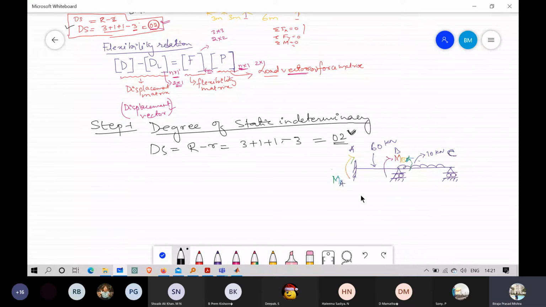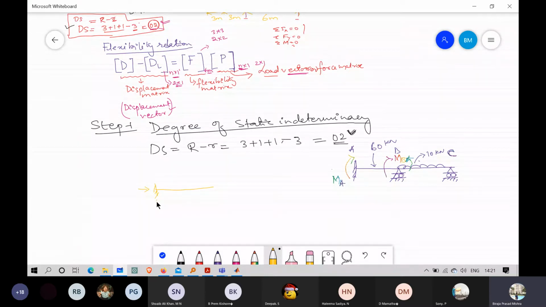So if we remove, let me show it here. If we have a beam and a fixed end, and we are saying that there is no axial deformation, it means that here there will not be any kind of reaction.